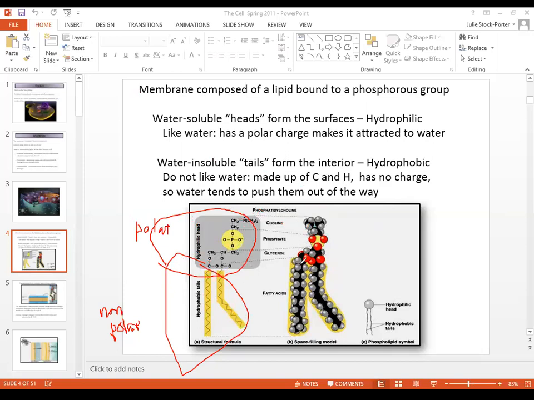Is it okay if I show this polar region, the carboxyl, the glycerol, and the phosphate, as just a circle? If I have just that circle, here's what I want you to know. I want you to know that it is made up of the carboxyl, the glycerol, and the phosphate group. It is polar, and it is hydrophilic. It's very attracted to water. And we will call this the head.